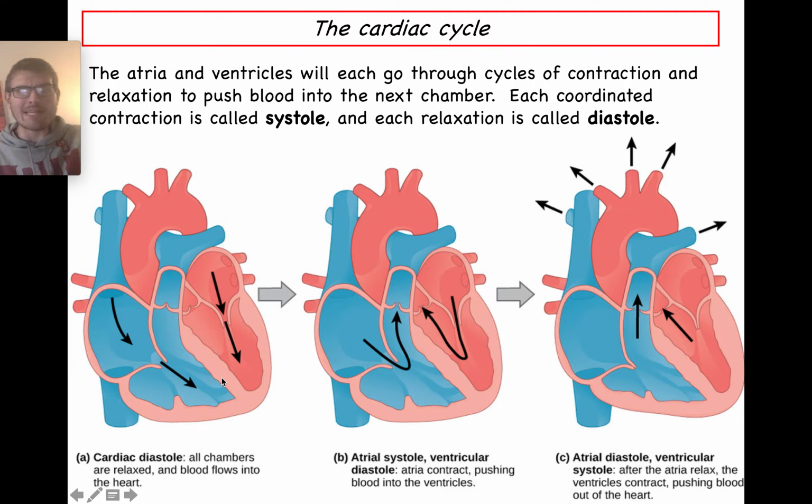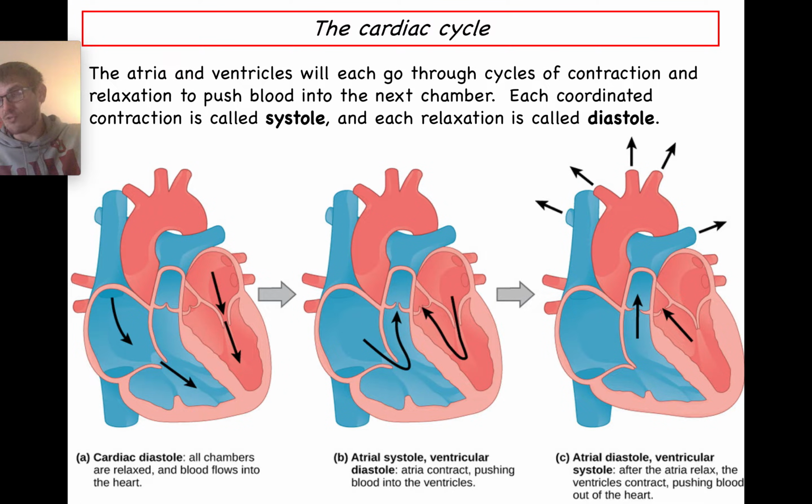After complete cardiac diastole has occurred, in which both atria fill up with blood from either the vena cava or the pulmonary veins, and a lot of the blood taken into both the right and left atria also leaks into the left and right ventricles, we move on to atrial systole, ventricular diastole.